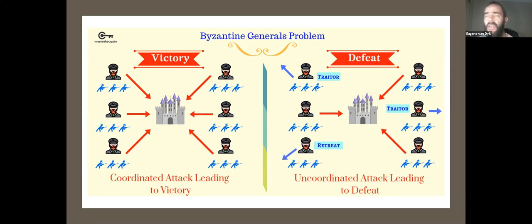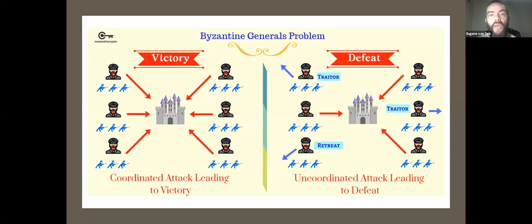On the left-hand side, each and every one of the lieutenants performs the required and agreed upon action. They attack at the right time as per the general's instruction, and because of the uniformity in their approach, they enjoy victory. On the right-hand side, though, 3 of the lieutenants are executing the instruction given by the general, but the other 3 are traitors and they retreat when they should be attacking, or they even give wrong messages to the other lieutenants.